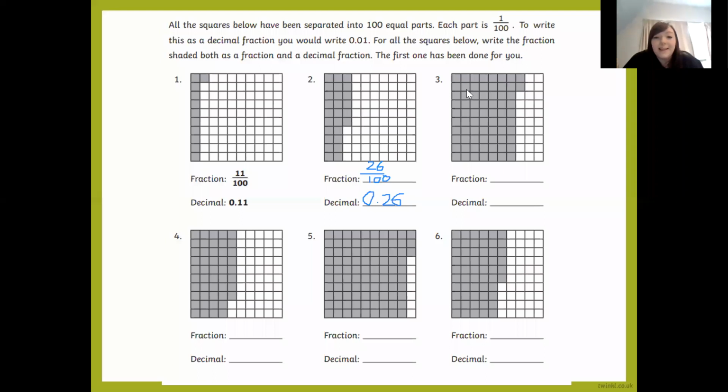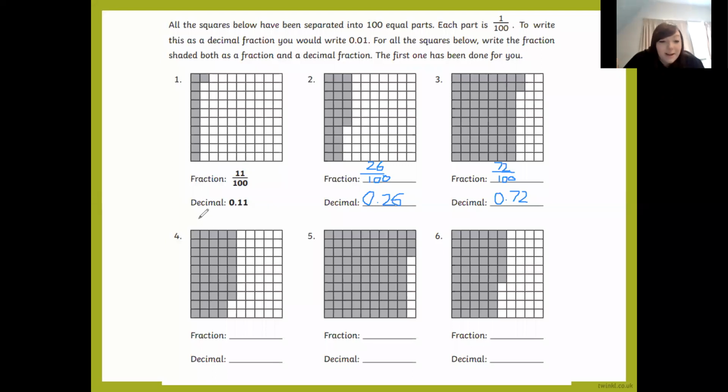Okay, so in the third one, we have 10, 20, 30, 40, 50, 60, 70, 72 hundredths. So that's 72 out of the 100 equal parts. And to write that as a decimal, it's 0.72.